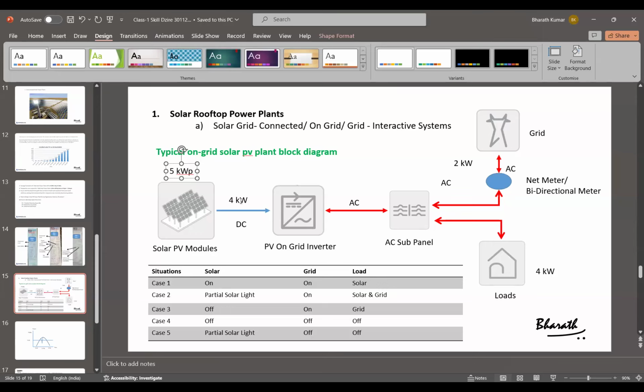Solar power will vary. At maximum peak sunny hours in the afternoon, we can get 4 kilowatt. Suppose your load is 6 kilowatt. Then 4 kilowatt of solar power goes to your load and the balance 2 kilowatt we can draw from the grid.